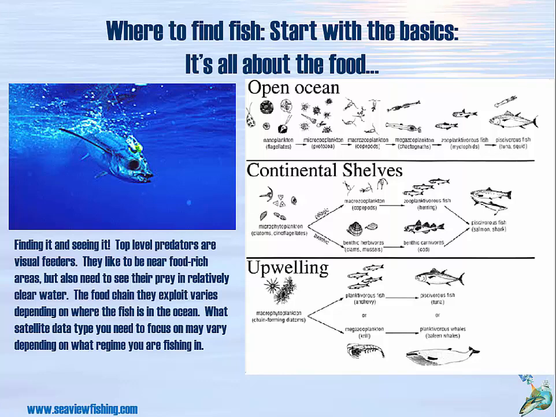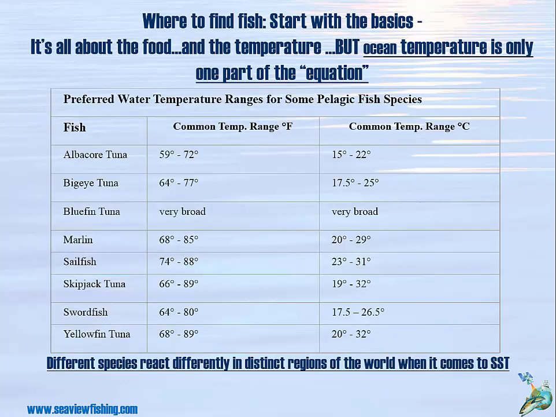The SeaView plankton or chlorophyll data along with the sea surface temperature imagery can help locate these areas of feed concentration. The species you are after are usually in feeding mode when you are trying to catch them, so finding where their prey concentrates is important.